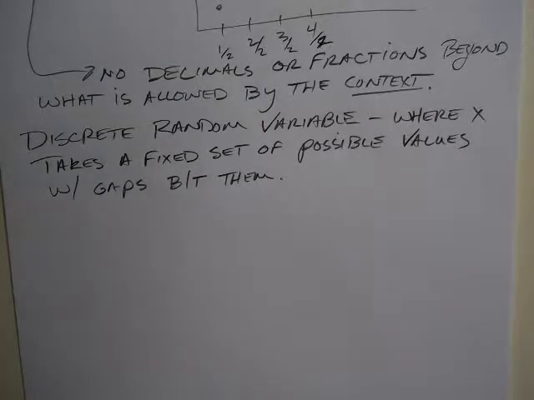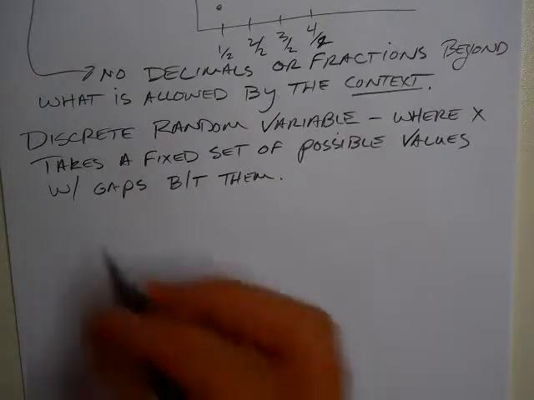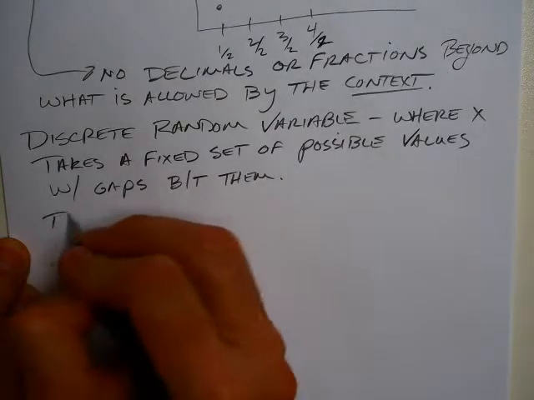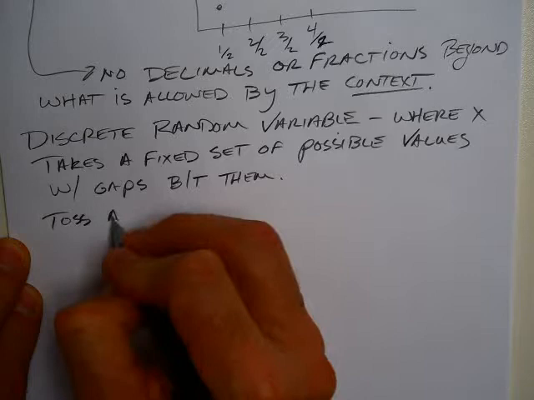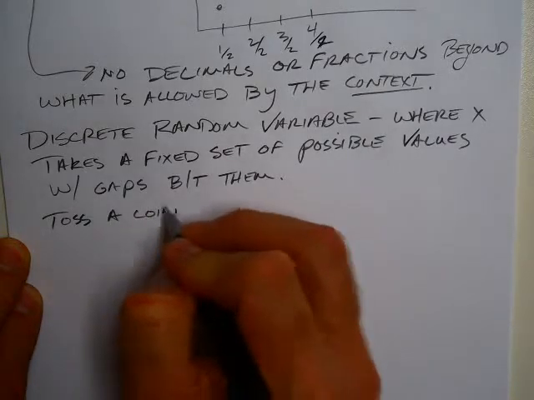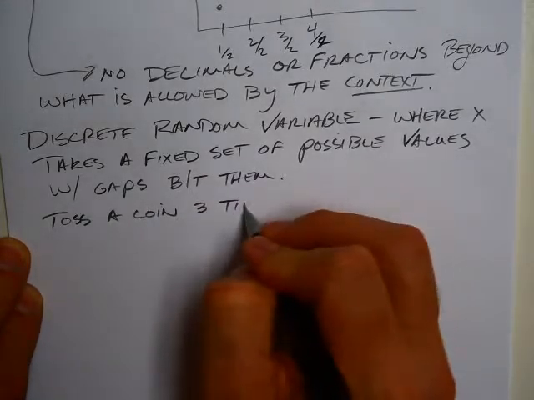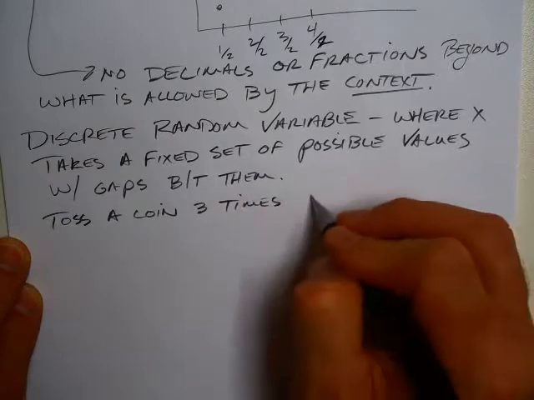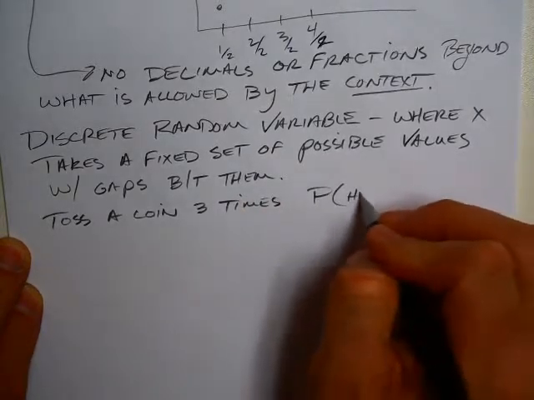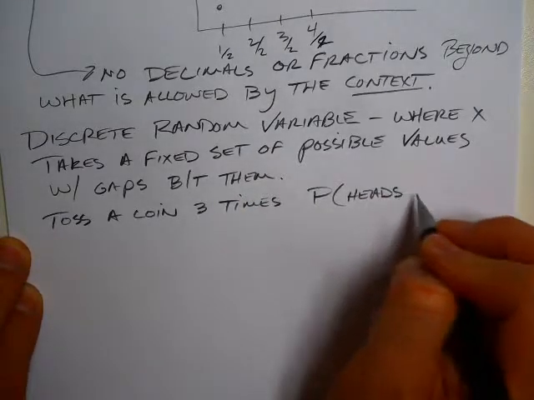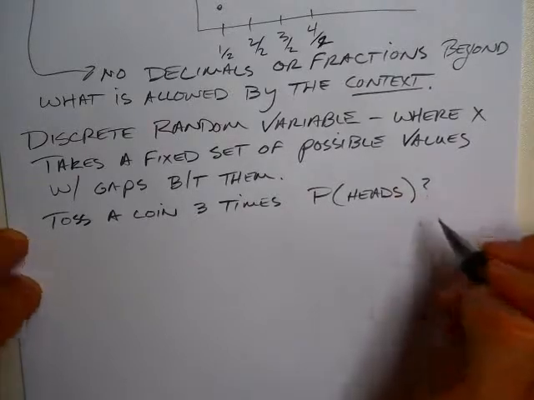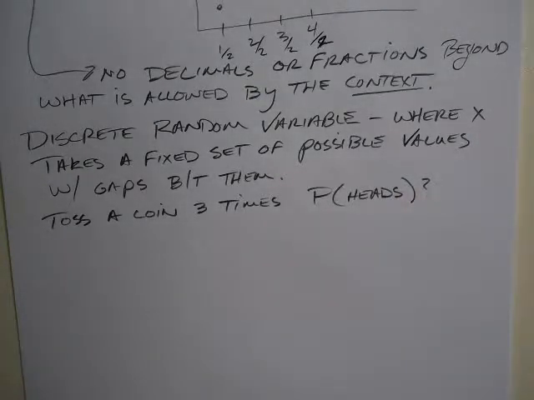So let's look at a scenario that would have gaps between them. How about if we toss a coin 3 times? What's the probability of heads? That's a pretty generic statement of any heads.